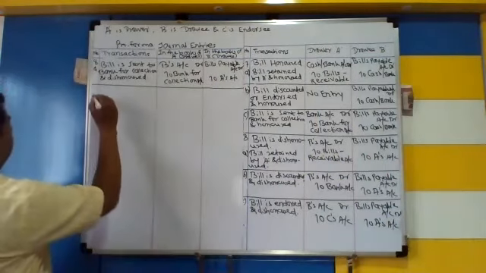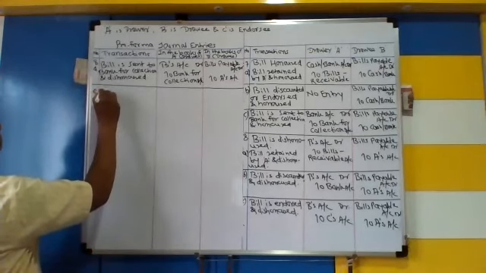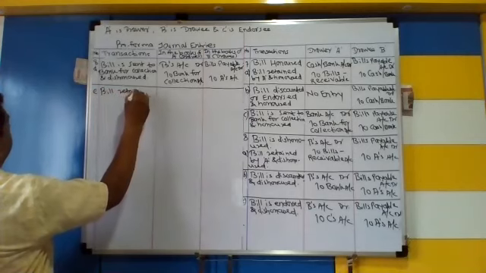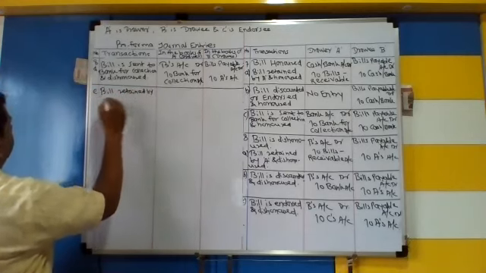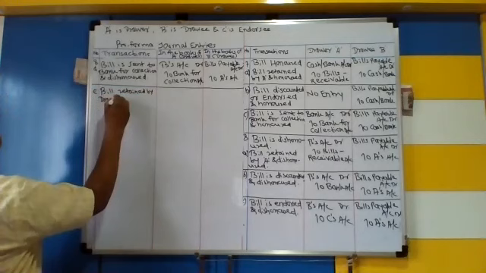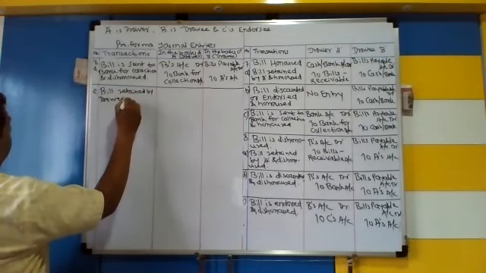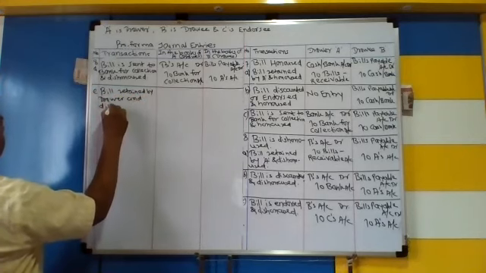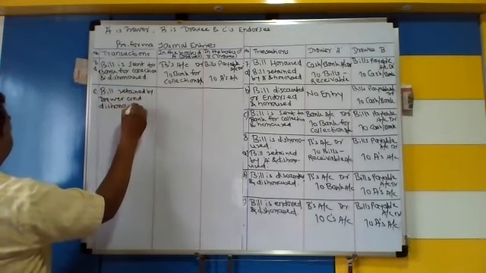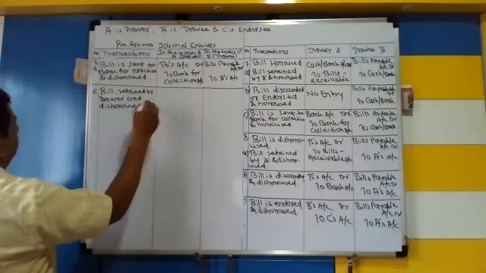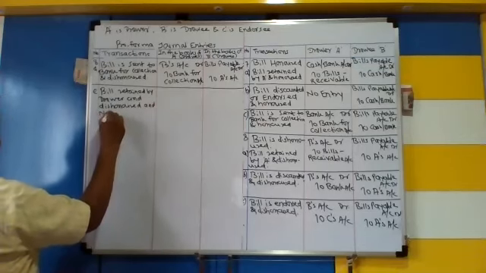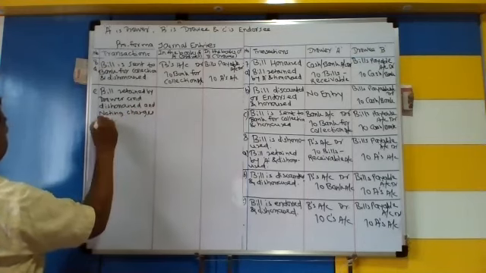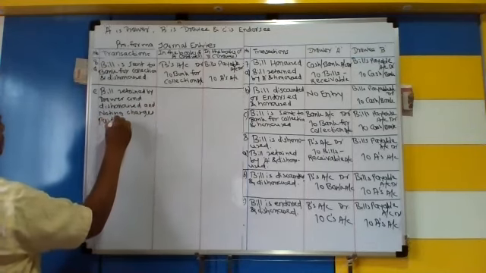Now 8E. Okay. Bill retained by drawer. And dishonored. And very, very important, noting charges paid by drawer.